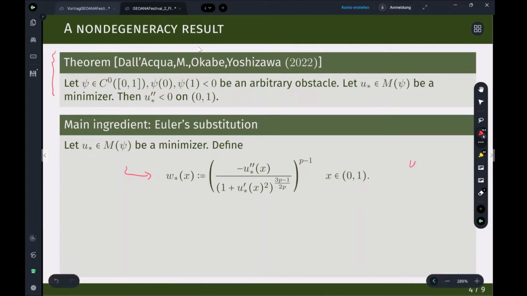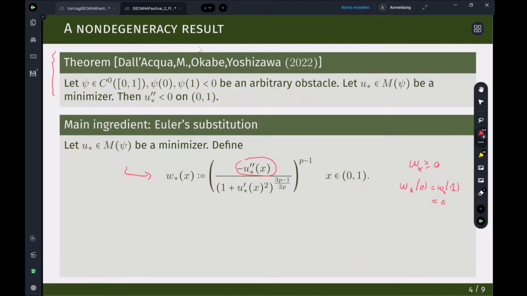satisfies that w star is greater or equal to 0, right? Because we already knew that u star double prime is less or equal to 0, since u star must be concave. And we also know, because the curvature vanishes at the boundary, that w star vanishes at 0 and 1.